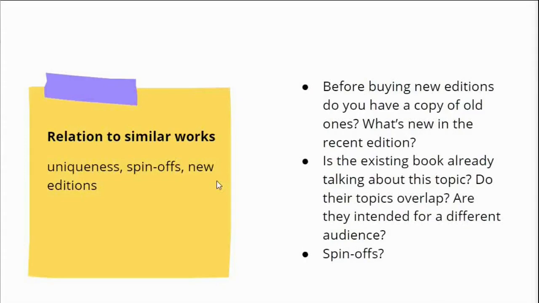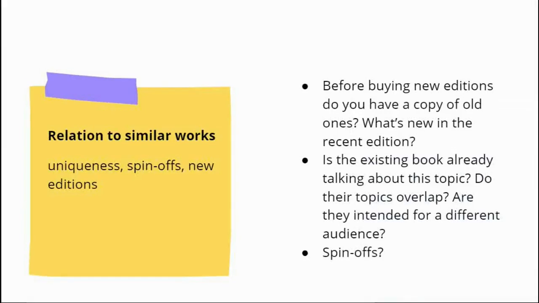But let's say your library already has the multi-volume encyclopedia of science, buying it would be redundant because you have two resources talking about the same thing. So do not buy the single-volume set anymore, just the multi-volume set.